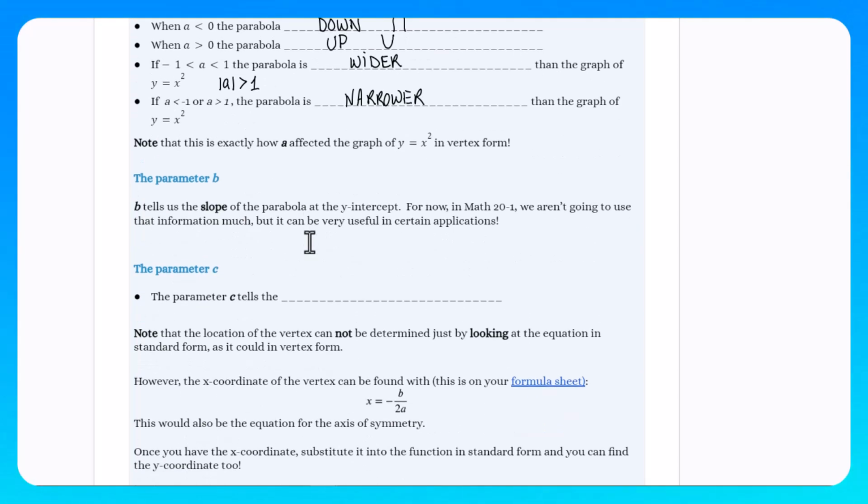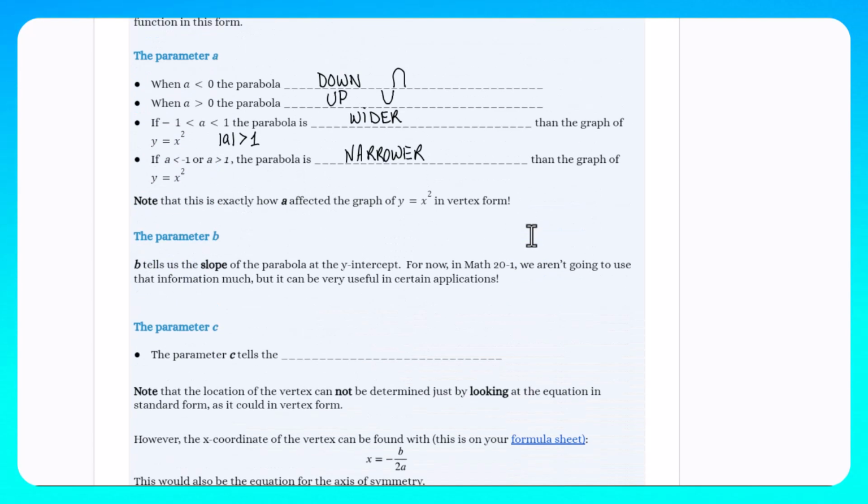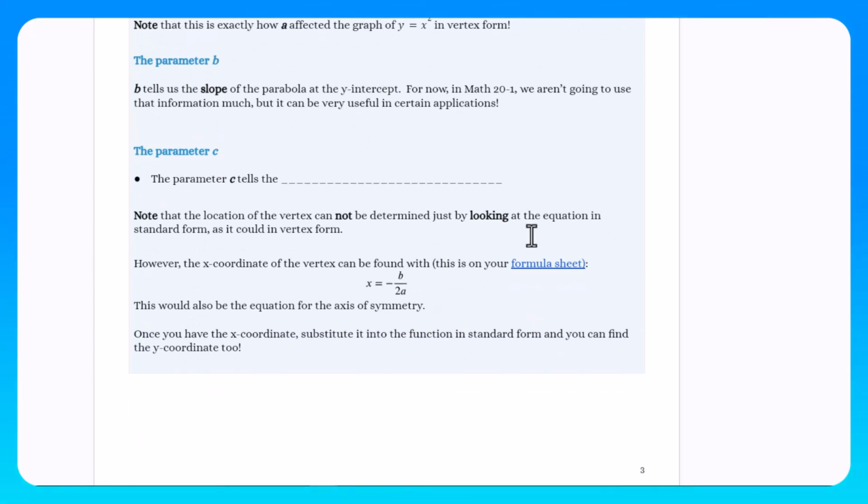But in Math 20-1, we aren't going to be using that information much, but it can be useful in certain applications. Now, what about parameter c? Well, that is what we just figured out in the activate section. We saw that parameter c was equal to the y-intercept.